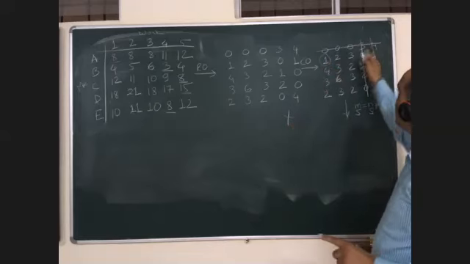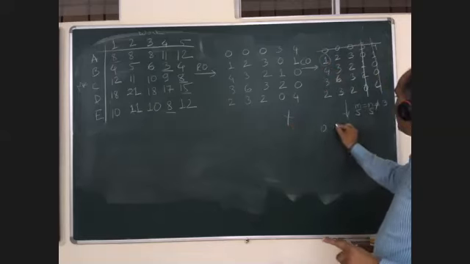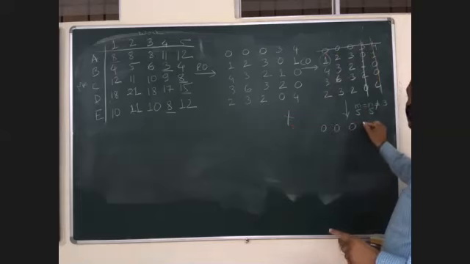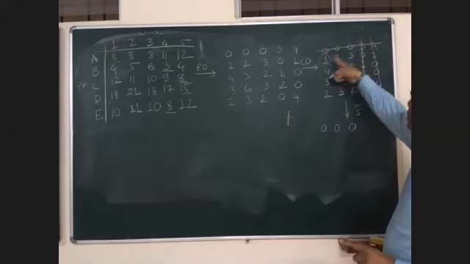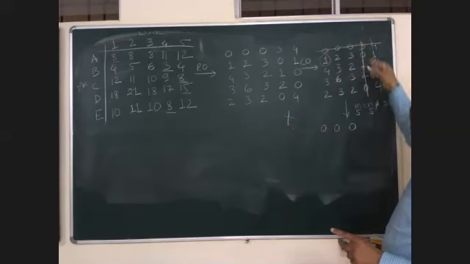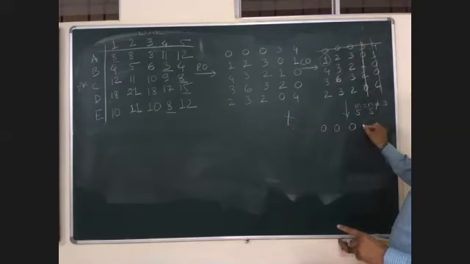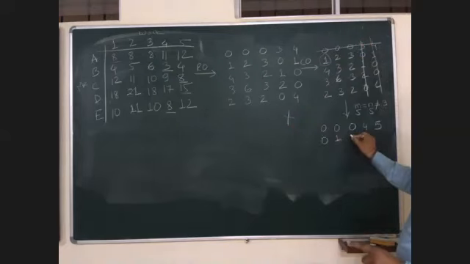I'll do it. This remains as it is. 0, 0, 0, 3 plus 1. Why? Because this is a crossing. 3 plus 1, 4. 4 plus 1, 5. Right? 1 minus 1, 0. 2 minus 1, 1. 3 minus 1, 2. 0, 1.